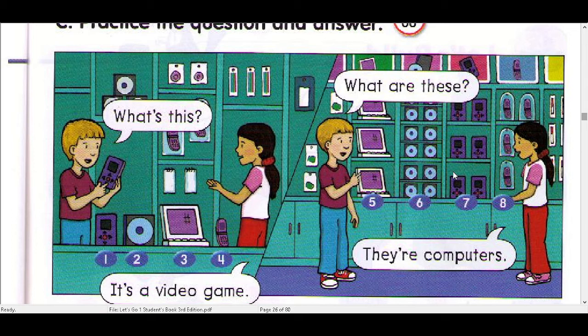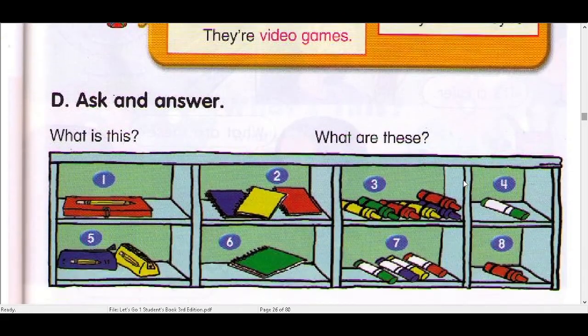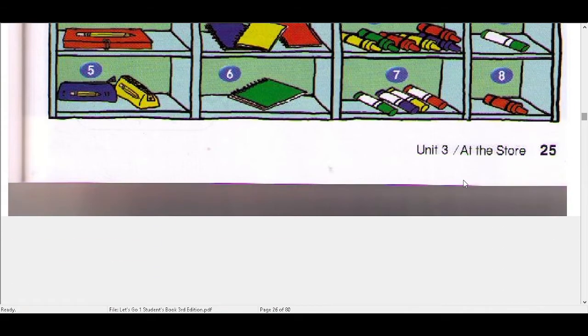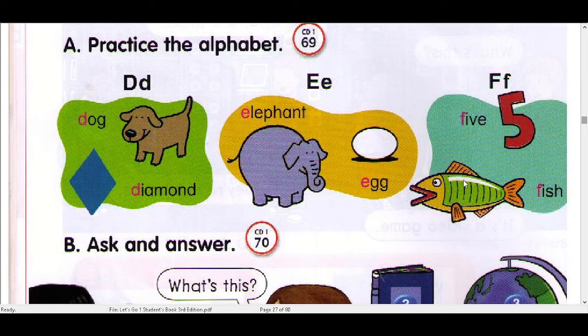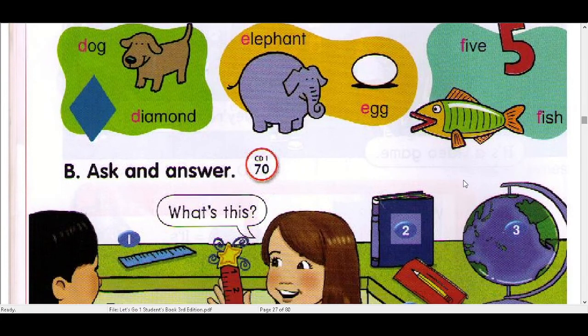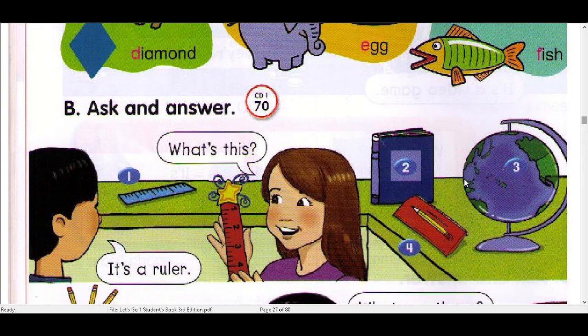Track 69. Let's build. A. Practice the alphabet. D. D. Dog. Diamond. E. Elephant. Egg. F. 5. Fish. Track 70. B. Ask and answer. What's this?